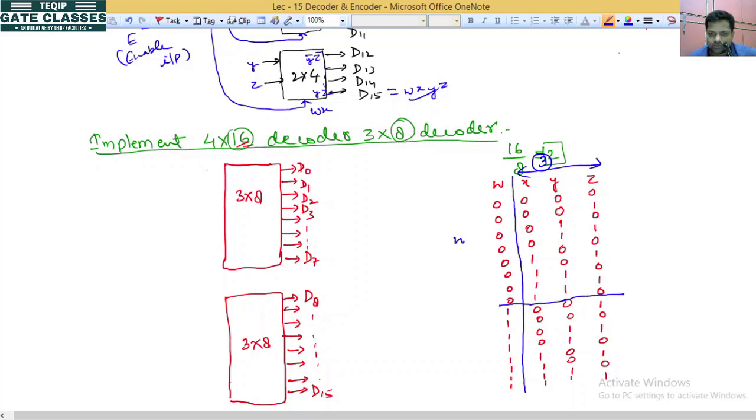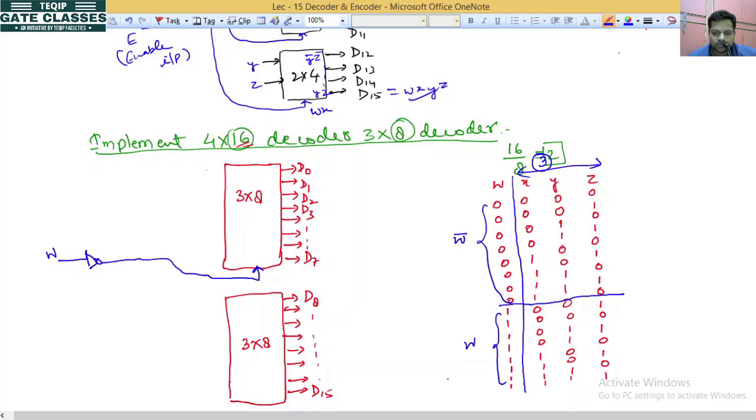So what is the value of this? For all these 8 combinations it will be W bar, and for this we have W. So we have to connect only a NOT gate. I am giving W here and connecting it with the NOT gate, and this NOT gate we connect with the enable input of the 3x8 decoder.